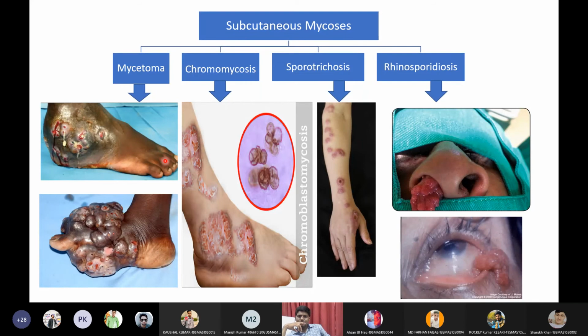Rhinosporidiosis. Are you sure? Yes, sir. Very good. Then what fungal infection is very common in the USA? Sporotrichosis. Very good.